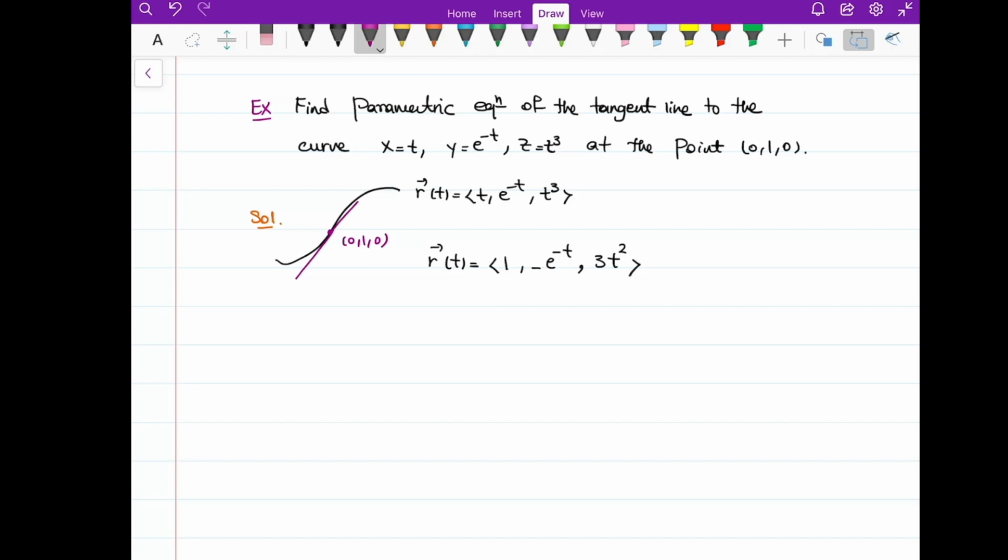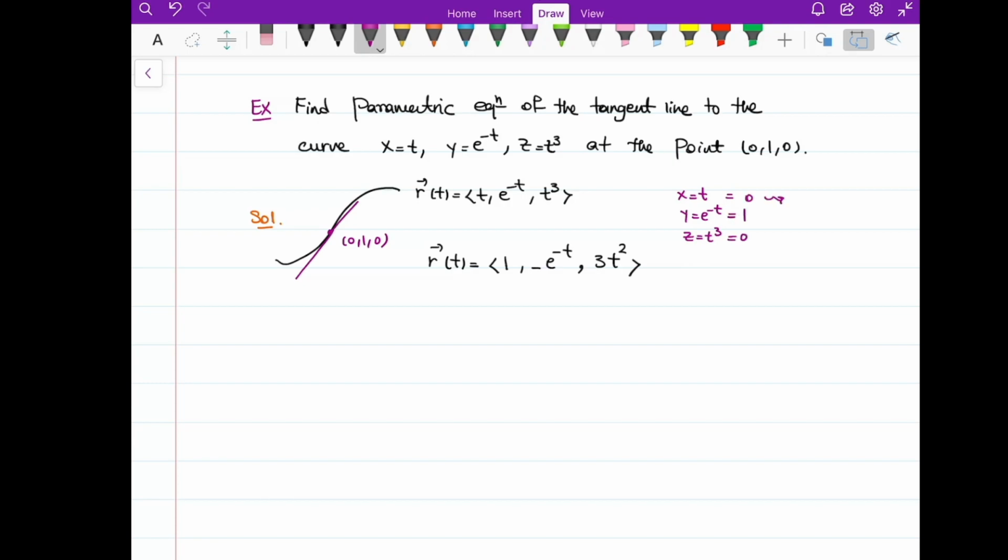And I need to find the parameter at this point. It means that at what time my point is here. How to do that? I'm gonna say that x is equal to t, y equals e to the negative t, and the third component is t cubed, at 0, 1, and then 0.